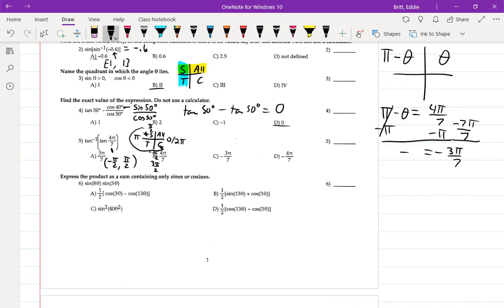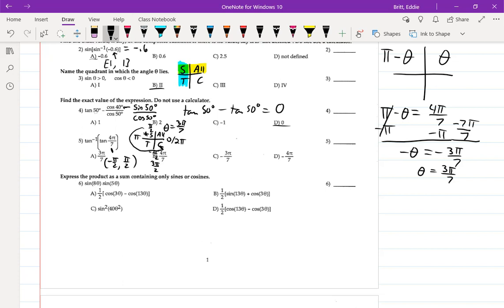And I had negative theta equals that. So if negative theta is equal to negative 3 pi over 7, then positive theta is equal to positive 3 pi over 7. All right? So that's the answer from the first quadrant. That's the reference angle.